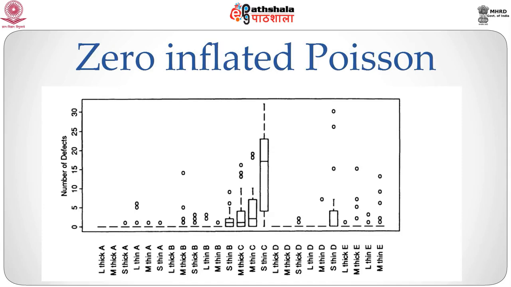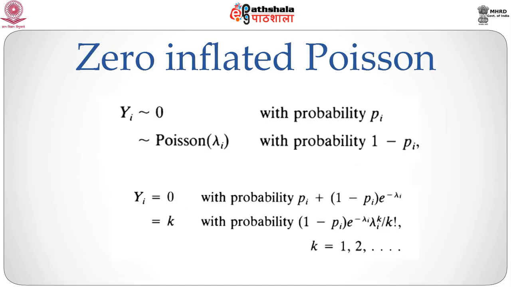Lambert looks at some likelihood-based means of modeling this data. So the zero inflated Poisson regression model assumes that we have responses y equal to y1, y2, up to yn, say, which are independent, such that yi follows 0 with probability pi, and it follows Poisson(lambda i) with probability 1 minus pi.